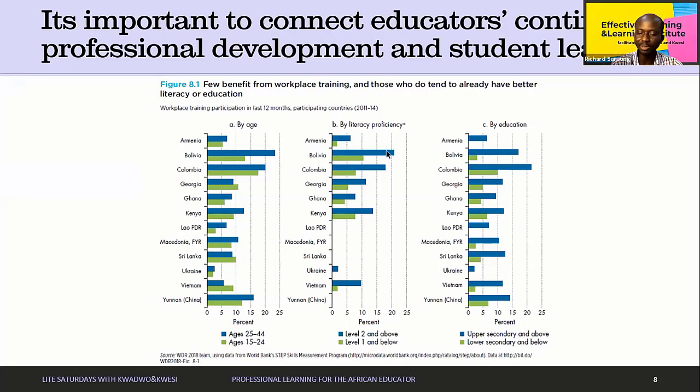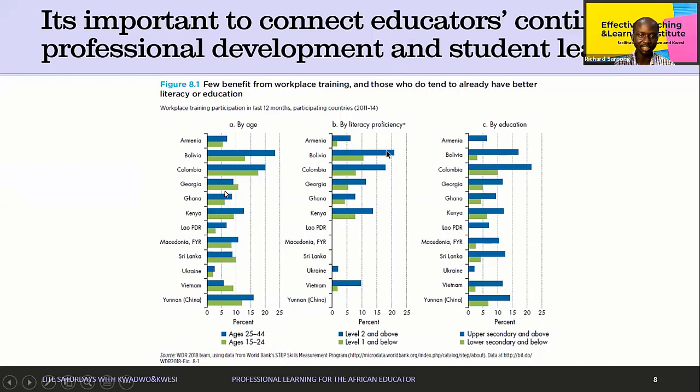Again, if you point to the same research, the World Development Report in 2018, you will be surprised that a number of people within the work environment in Ghana and other parts of Africa are actually not getting access to quality professional development. The report indicates that, except those who have some level of education above secondary education, degree holders tend to have some little access to professional learning, but a number of people actually do not really access professional learning.